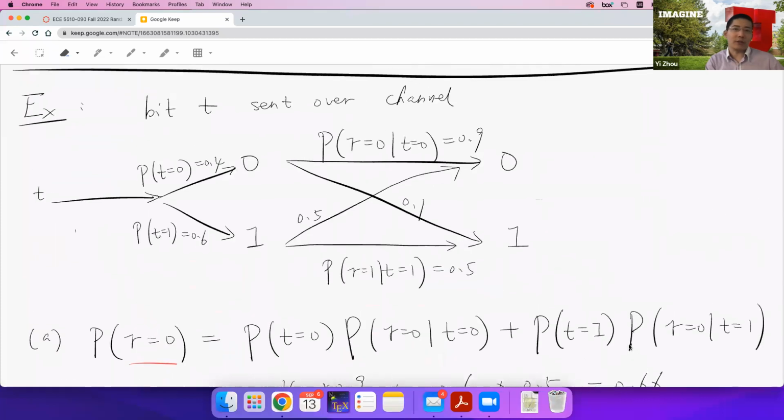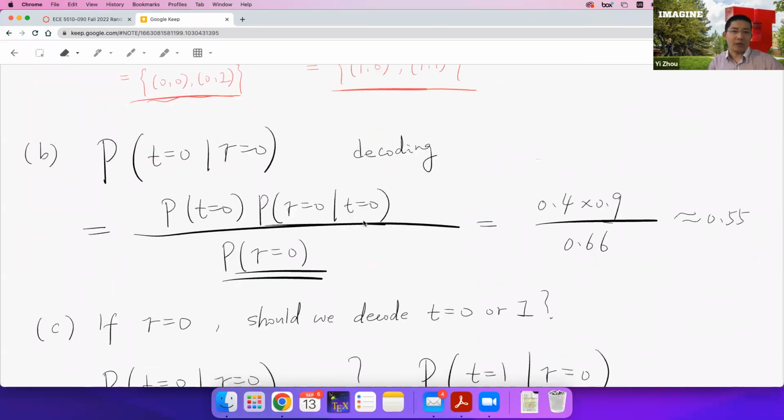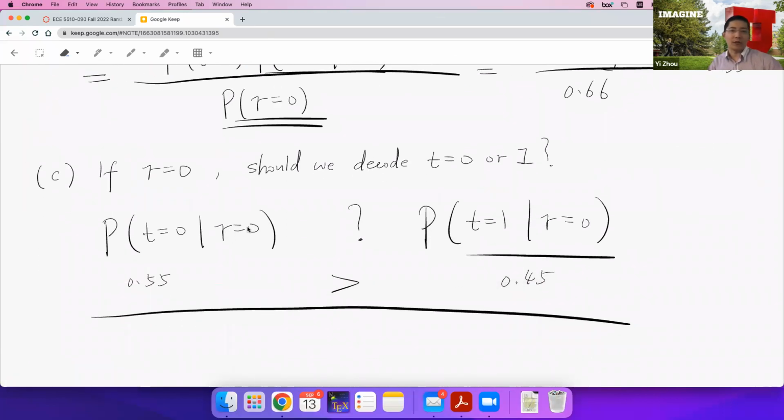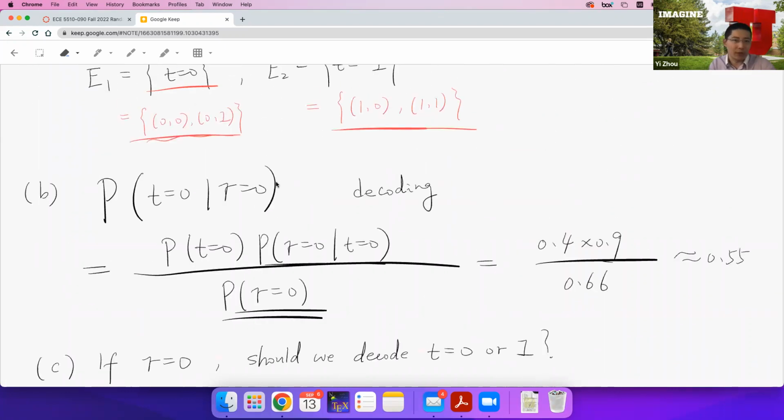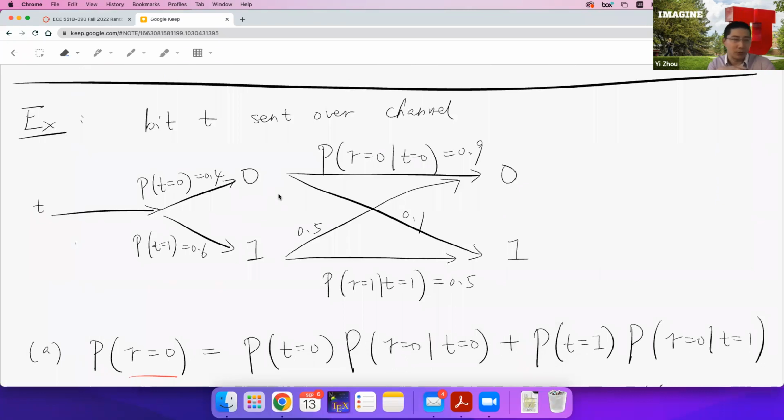You can see that this channel is very noisy, because after calculation, we realize that if we send out message 0, we have a 45% chance to get a different message. So this means the channel is extremely noisy. In practice, before we send out the message, we usually do some encoding. We will encode the message with some redundant information in order to fight against this channel noise.